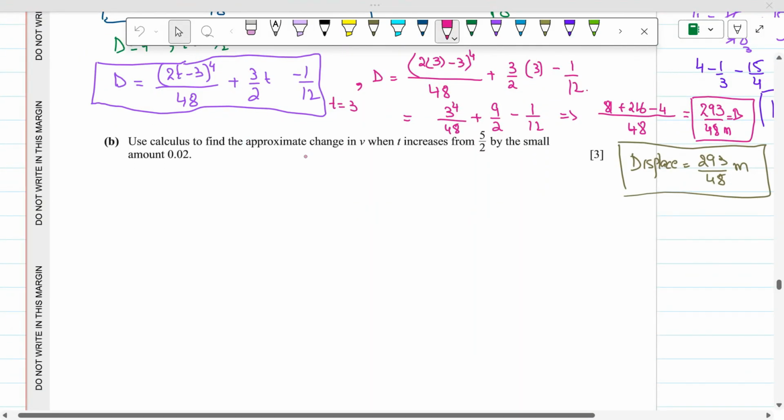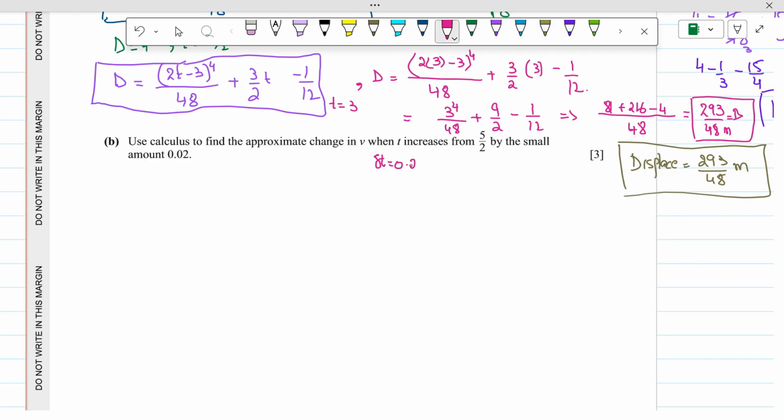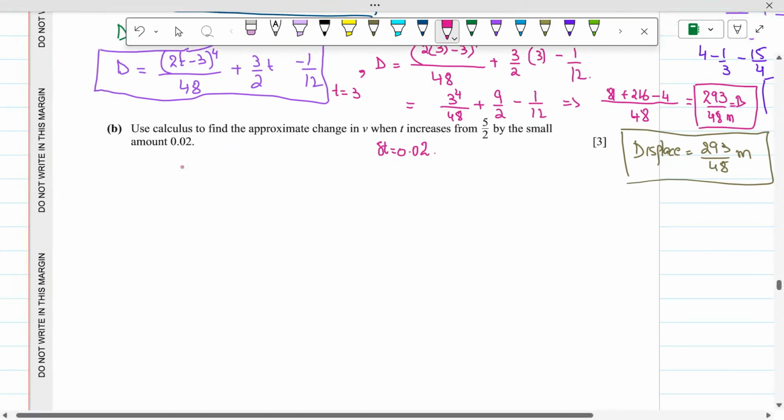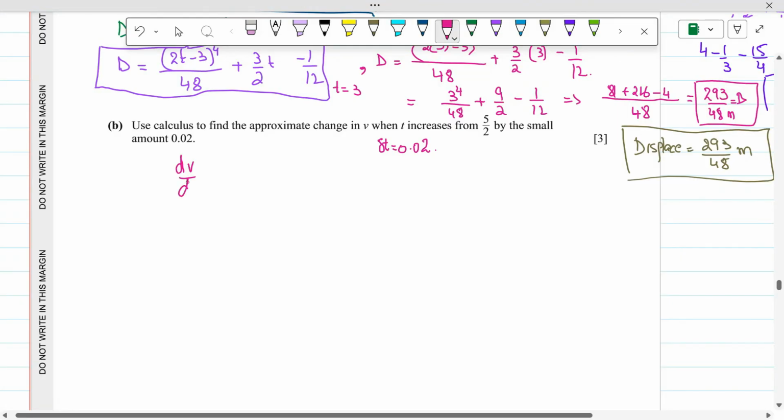Use calculus to find the approximate change in velocity when t increases from 5 over 2 by the small amount 0.02. So we have the change in t, which is delta t, and this is 0.02. And we know that dv over dt is equal to the acceleration.